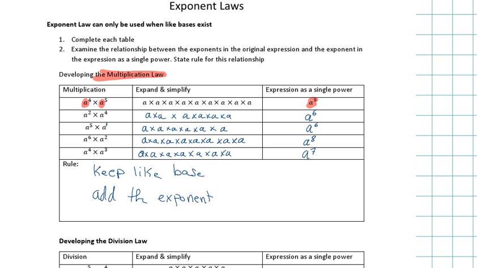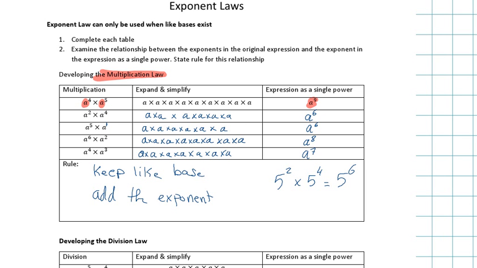For example, if I have 5 to the power of 2 times 5 to the power of 4, what do I get? 5 to the power of 6. 6 by itself is not enough. It's 5 to the power of 6.